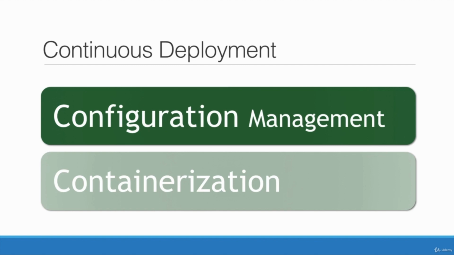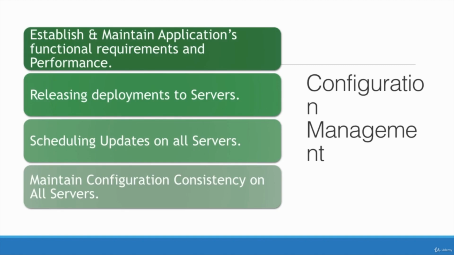Again, continuous deployment is a part of configuration management and containerization. First, we will discuss configuration management. Configuration management is all about maintaining the configuration of your servers so that it is compatible with your application requirements. We can understand configuration management with these four bullet points. First is to establish and maintain application functional requirements and performance.